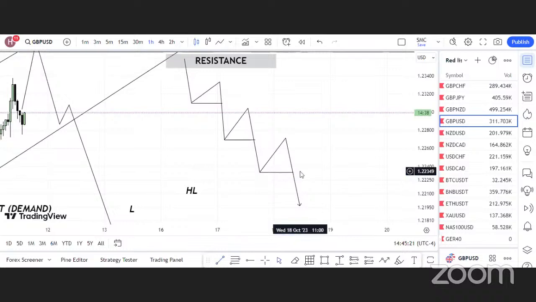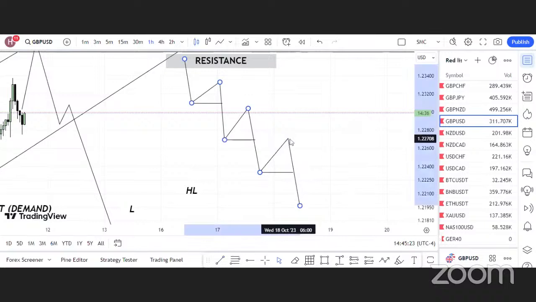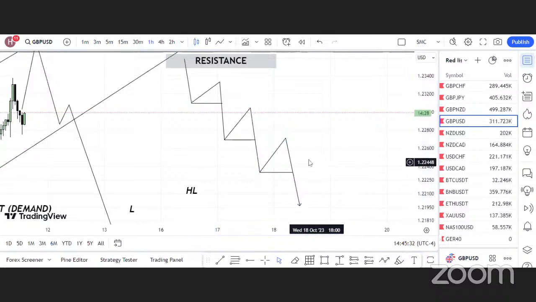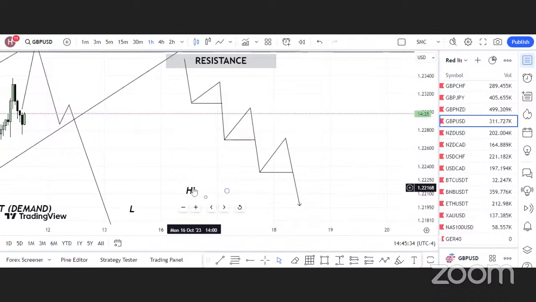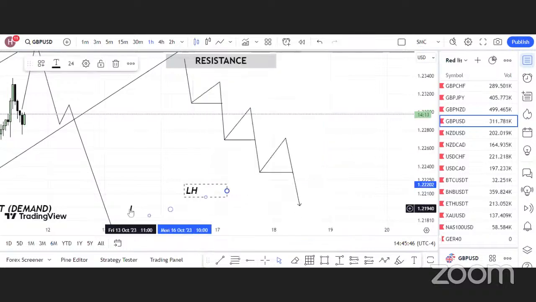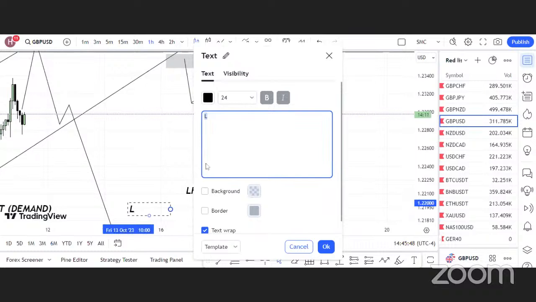All these structures were broken to the downside. So now we have lower highs, then we have lower lows.